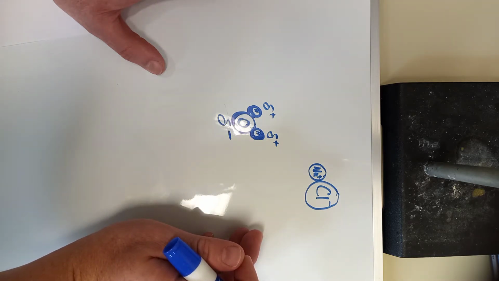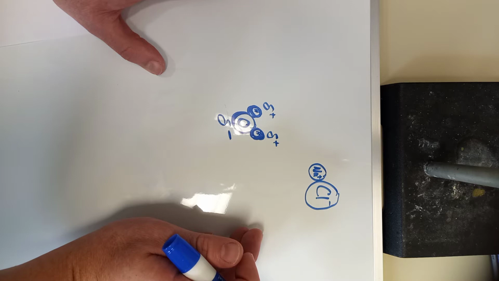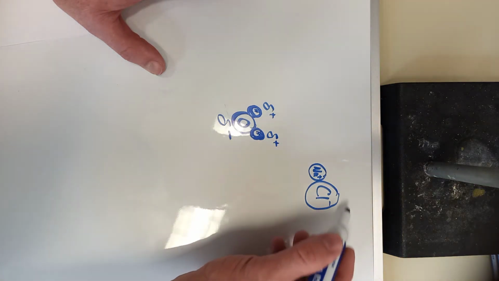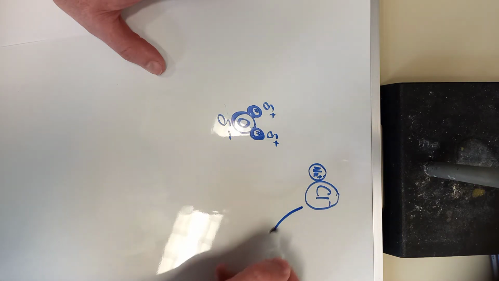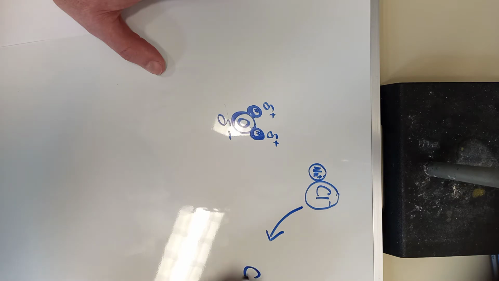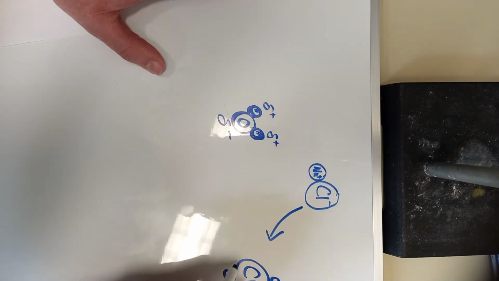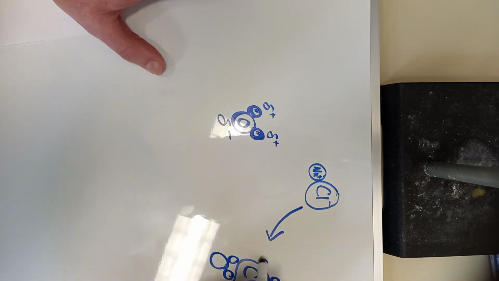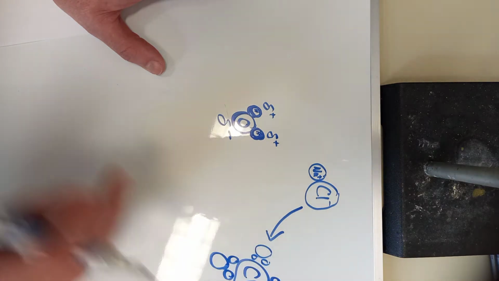But water, especially when you combine multiple waters, actually has a stronger attraction to the ions than the ions do to each other. So a whole bunch of waters gather around the chlorine and pull it apart. You end up with the chlorine over here with several waters surrounding it, looking something like that.